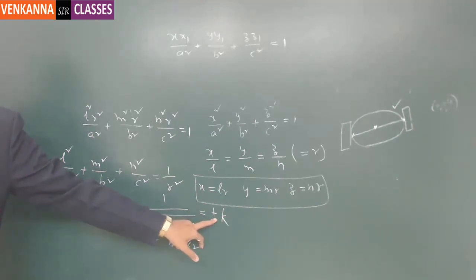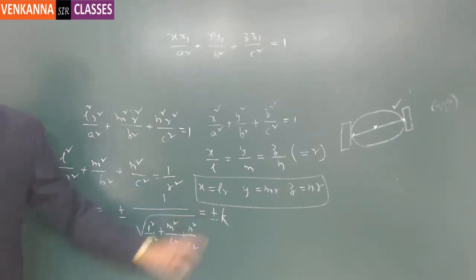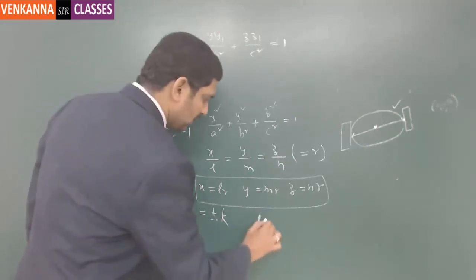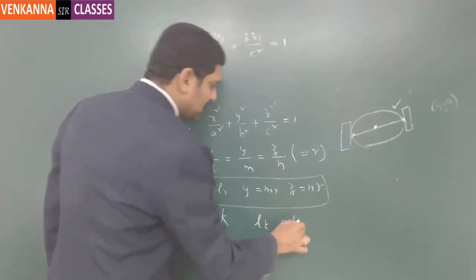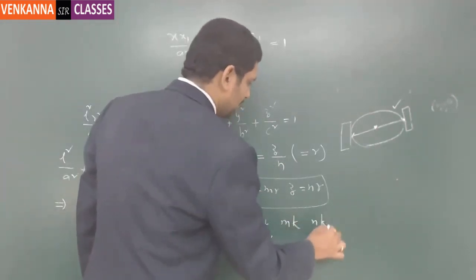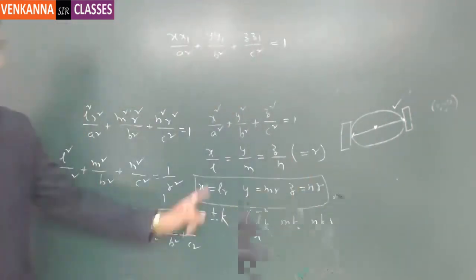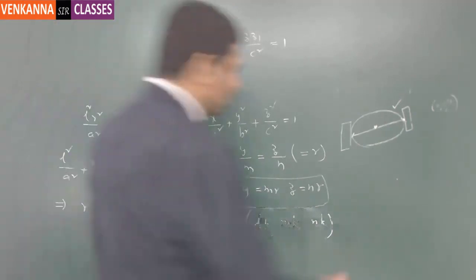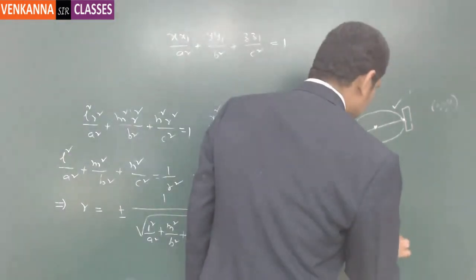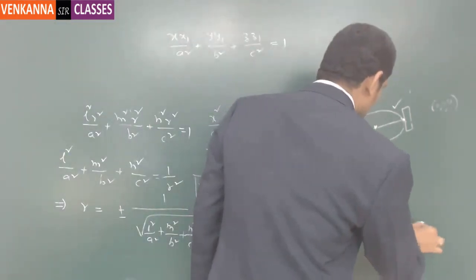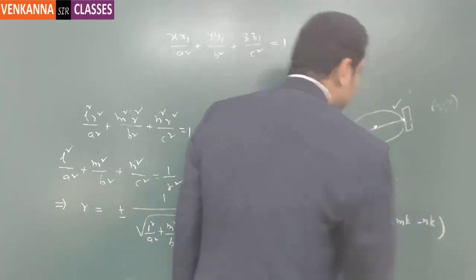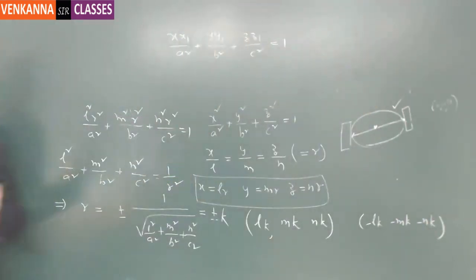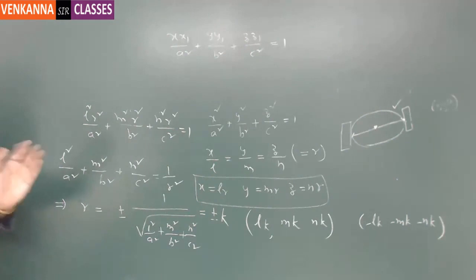So at what point do we take the tangent plane? L k, m k and n k. So this is one point, and the other end point is minus l k, minus m k and minus n k. At these points we are considering the respective tangent planes.